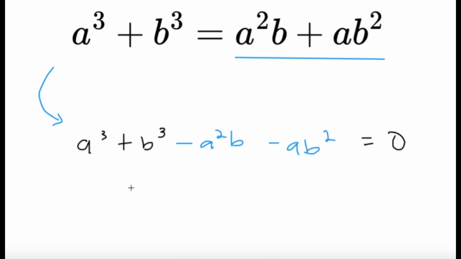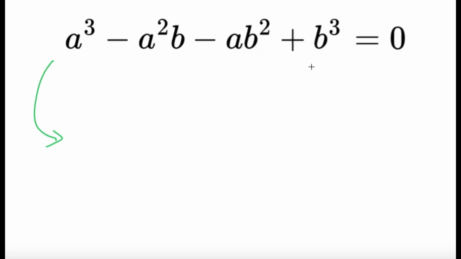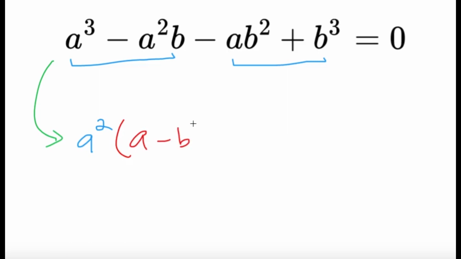Now, I'm going to rewrite these terms in a certain order: a cubed minus a squared b minus ab squared plus b cubed. The reason why I want to write it this way is because we can take note that in the first two terms, we have a common factor of a squared. I can factor the a squared out, and I'm going to end up with a minus b. And then in the third and the fourth term, I'm going to factor out negative b squared. Again, it's intentional.